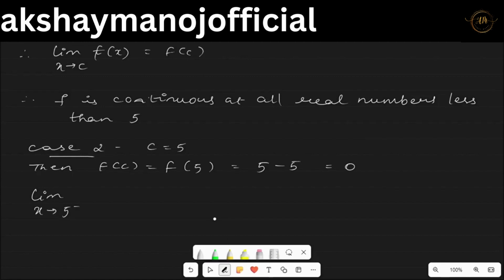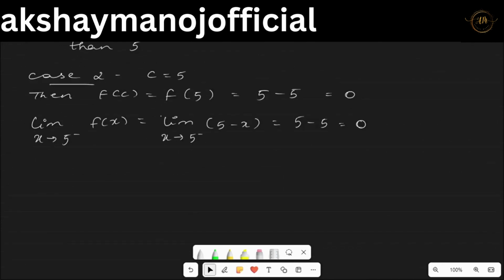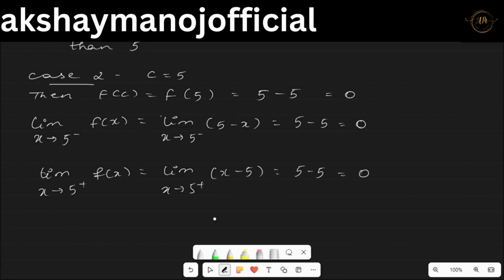Limit as x tends to 5 minus of f(x) is equal to limit as x tends to 5 minus of 5 minus x, which is equal to 5 minus 5, which is equal to 0. This is one condition. Next, limit as x tends to 5 plus of f(x) is equal to limit as x tends to 5 plus of x minus 5. Again, it's 5 minus 5 itself, so 0.